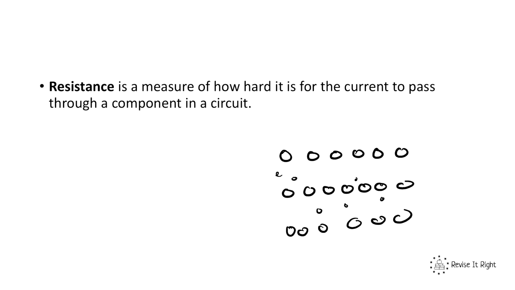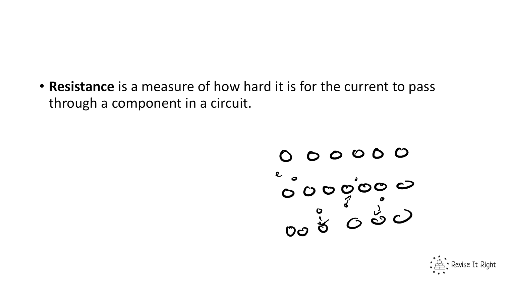Resistance is caused when these electrons collide with the metal atoms or the metal ions in the metal. Electrons are the flow of electricity, and when they collide with the metal atoms and metal ions in whatever it's flowing through, it causes resistance.